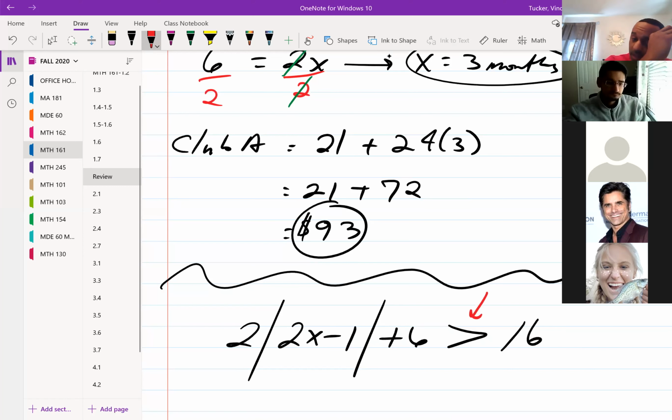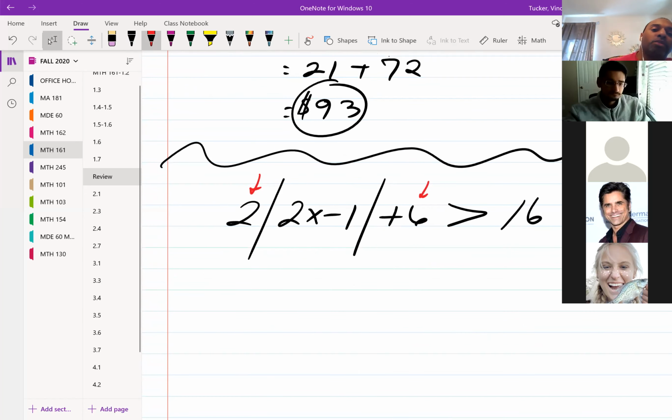First of all, let me say this. Let's do this first. Solve for your absolute value. Isolate your absolute value on one side of the equation first. In other words, you need to get rid of this 2 and this 6 before you do anything.